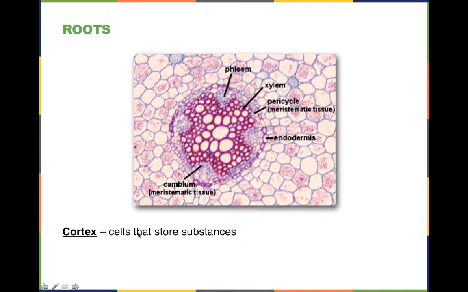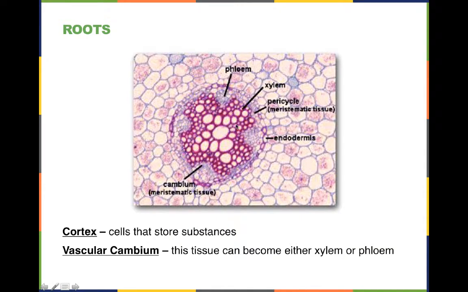So the cortex of the root, which we pointed out in the last slide, are the cells that store things such as glucose and starch. Like a carrot is actually just a big taproot, and it has a lot of cortex, which is what we end up eating.